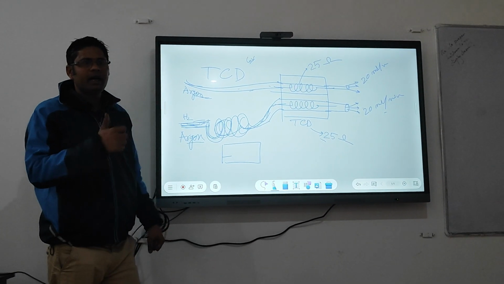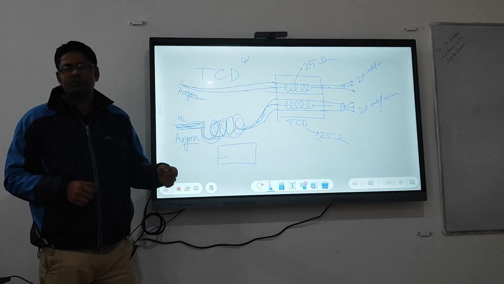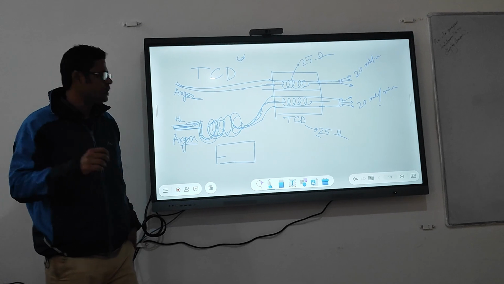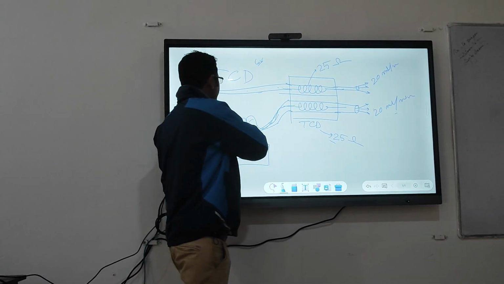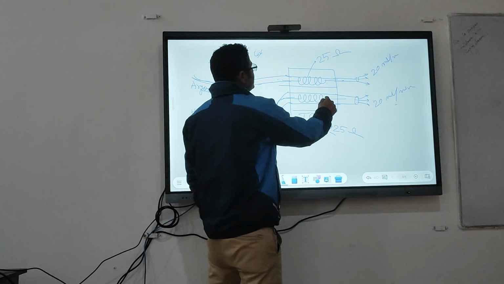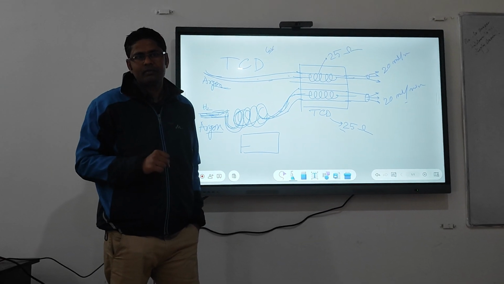Suddenly I am injecting another gas, maybe hydrogen or helium, 1 ml, a very small amount. I have injected in this line. So your argon will carry that hydrogen through this filament for some seconds.